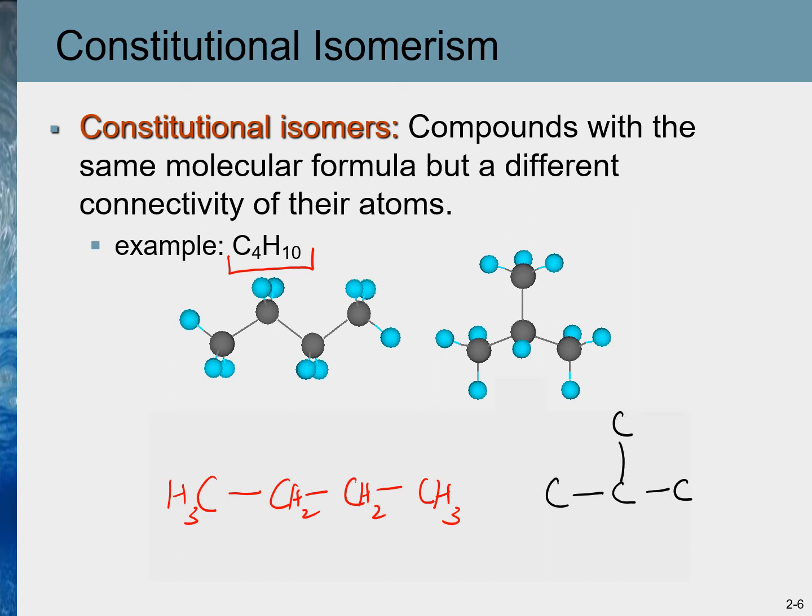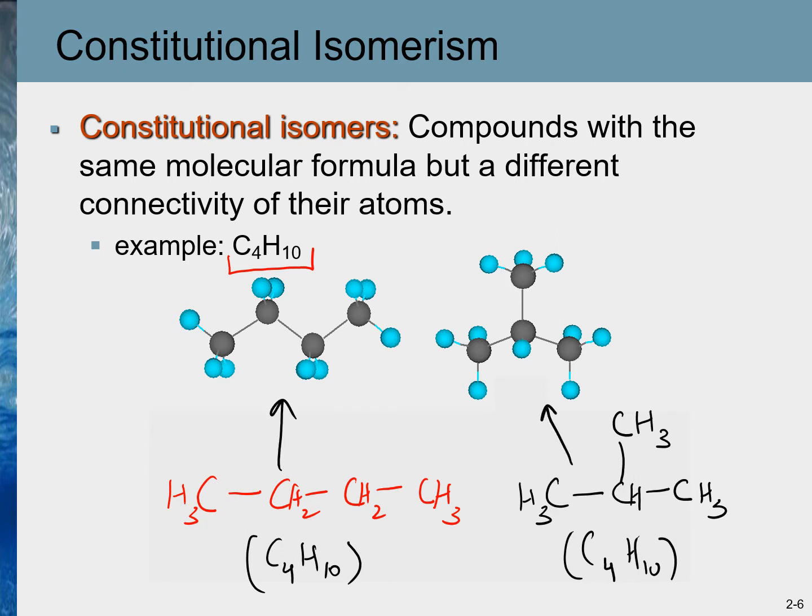Now as we can see, the connectivity is different, although the kinds of bonds are exactly the same. So again we connect carbons to hydrogen to complete their octets. In both cases, the molecular formula is exactly the same, C4H10. However, we can clearly see that their structures are different. The ball and stick models of both structures are also shown here. So these are examples of constitutional isomers.